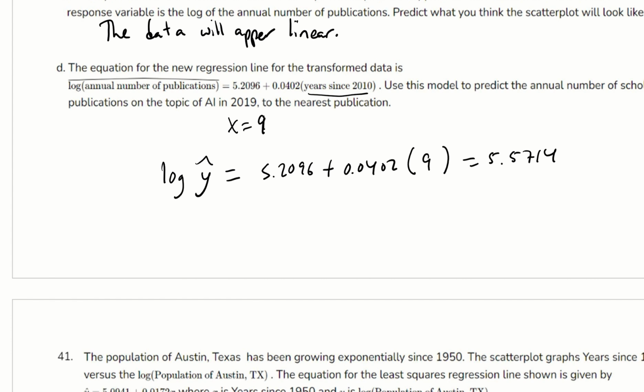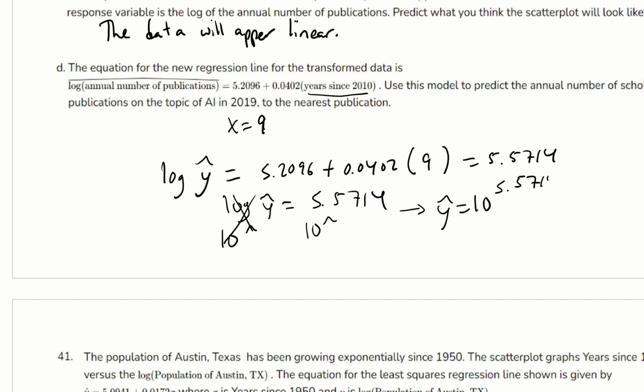All right. So now that we got that, we get log of y hat equals 5.5714. Now to solve for y hat, the base of log is 10, so we have to do 10 raised to both sides. Okay, so y hat equals 10 raised to the 5.5714 power.